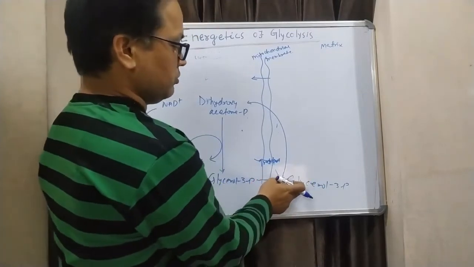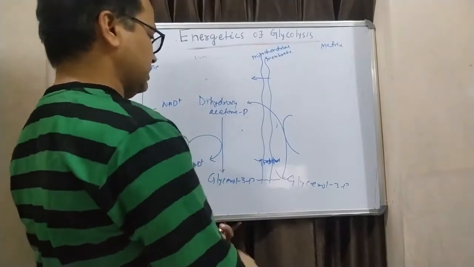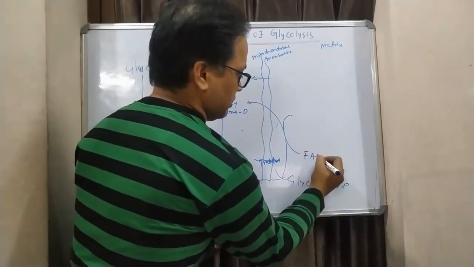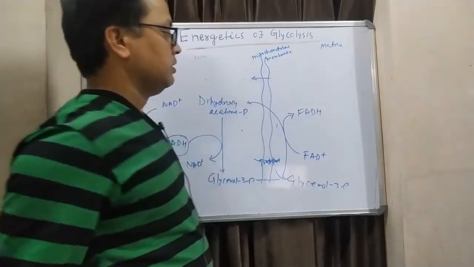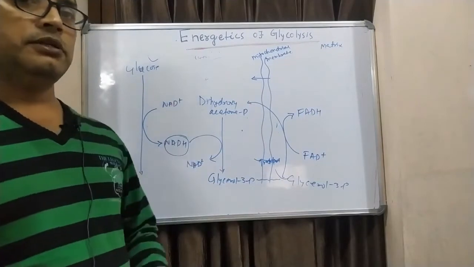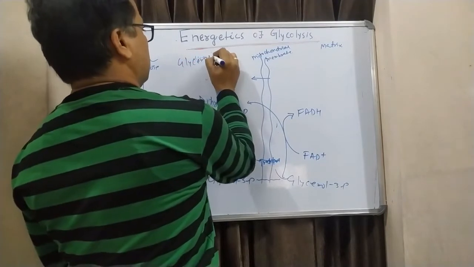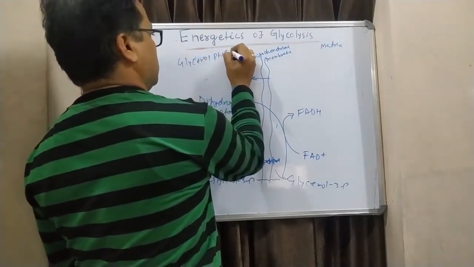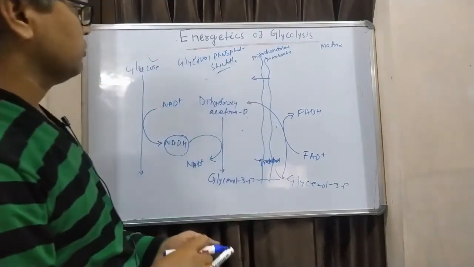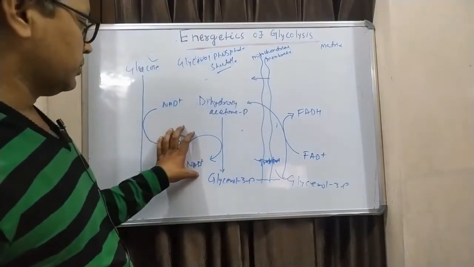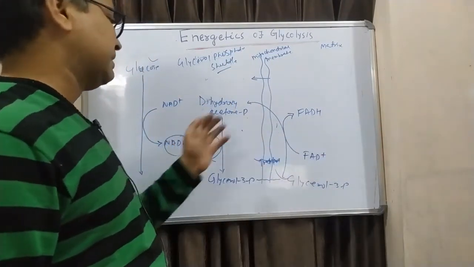But once this is converted into dihydroxyacetone phosphate, it does not utilize NADH, it utilizes FAD and gives us FADH2. So the difference between the malate aspartate and glycerol phosphate shuttle is that in malate aspartate we use cytoplasmic NADH and in return inside mitochondria we get the same NADH.